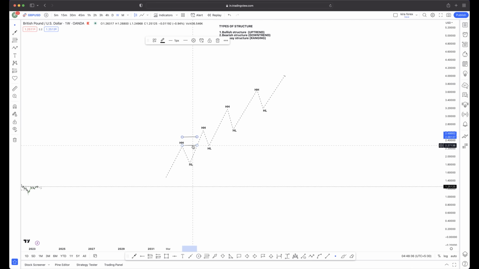In an uptrend structure, we need a higher high to break a high to form another higher high. As you can see in the picture, this higher high breaks this previous high to form another higher high. That is what is happening in an uptrend market.